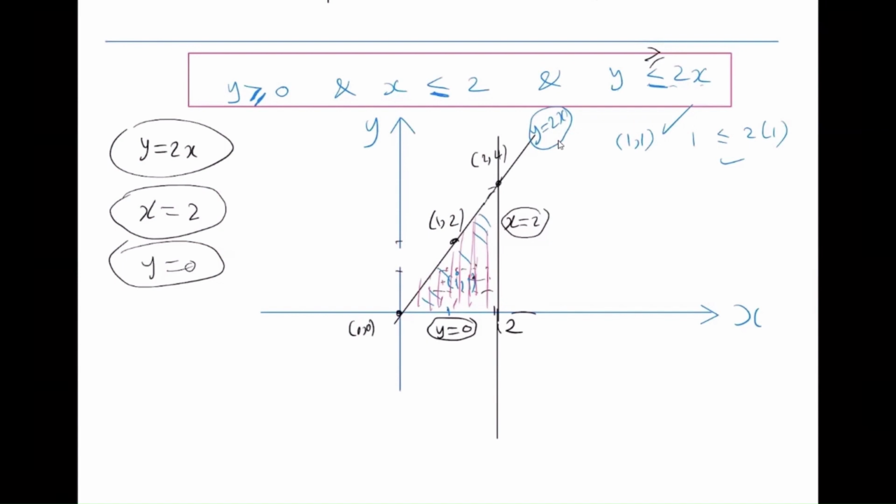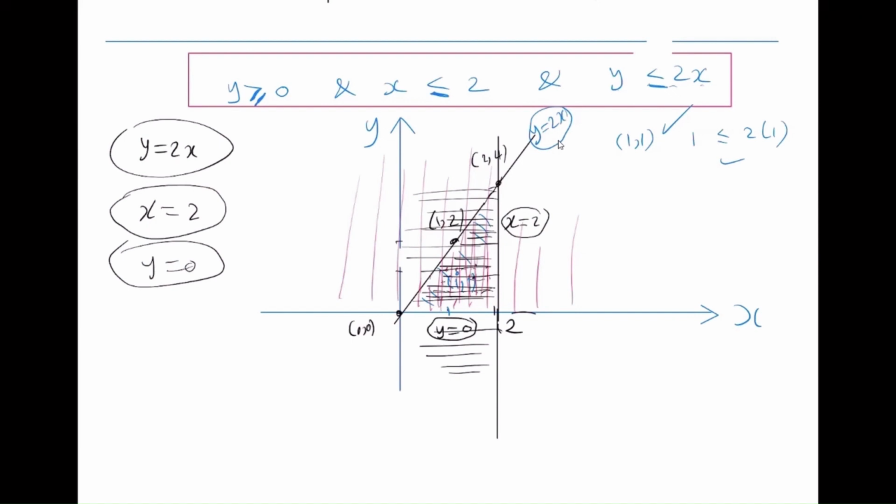So how did we sketch this and choose the region? x less than or equal to 2, this black dashed line here, going this way. All of the left part of this line. y bigger than or equal to 0, we come to this. What is bigger than y equal to 0? All of this. What else?